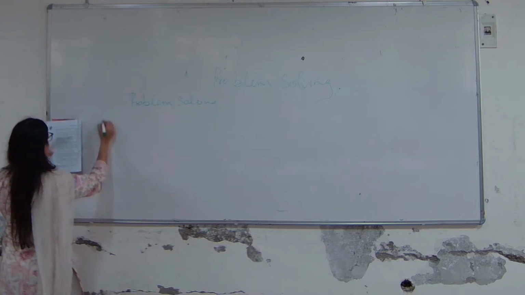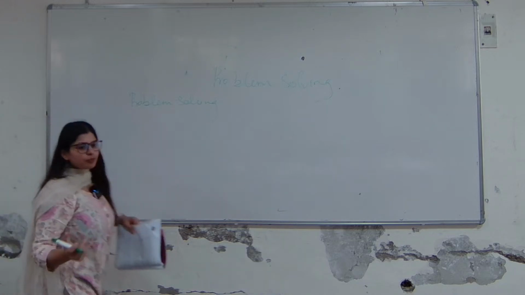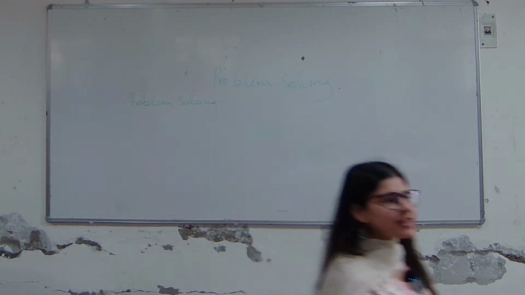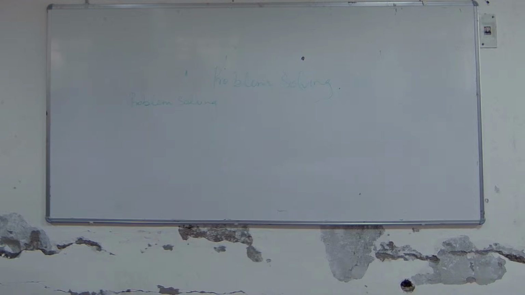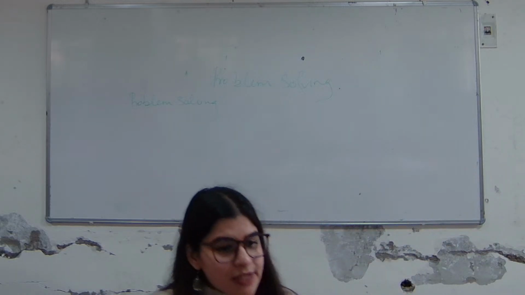Problem solving, first, there are ways to solve a problem. How do we solve this problem? We will solve it by some stages, some steps we will take. So the first step would be understanding and defining the problem. It is very important to first understand what the problem is, right? That is the first step.